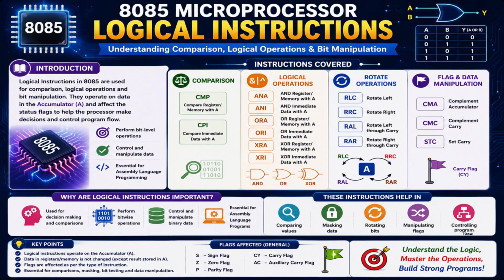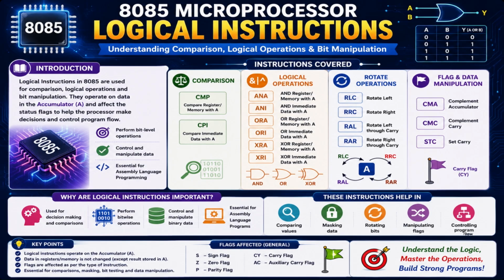Unlike arithmetic instruction, where we mainly perform addition and subtraction, logical instruction work directly on the binary bits of the data. Most of the operations are performed on the accumulator, which is the primary register used by 8085 microprocessor. Depending on the instruction, different status flags like zero, sign, parity, carry and auxiliary carry may also be updated.